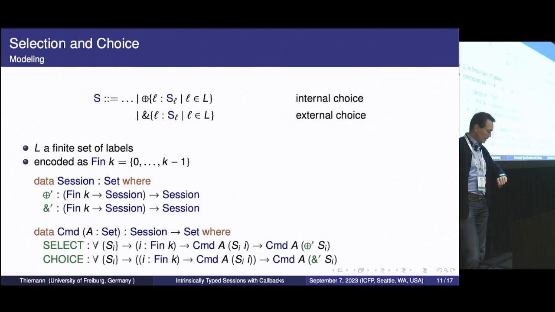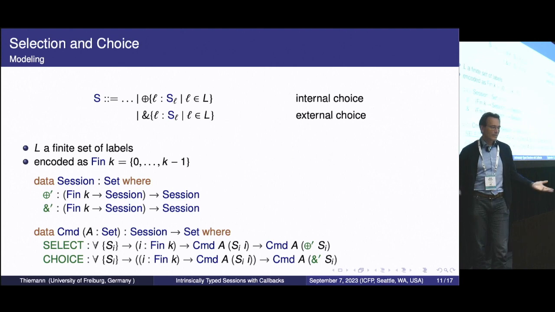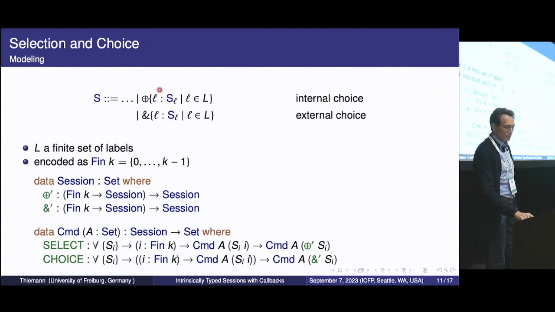Right, so that was the starting point. And then I thought, okay, this has to break as soon as I put in more features of session types. Somehow, there's some place where this is going to break. Well, it turns out no. So far, the features that I checked just work. For example, you have selection and choice, which is branching in a protocol. So you have two operators in traditional session types.